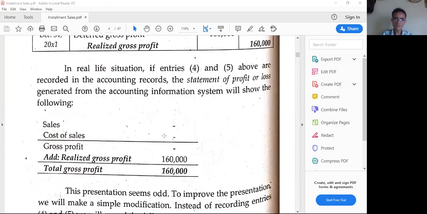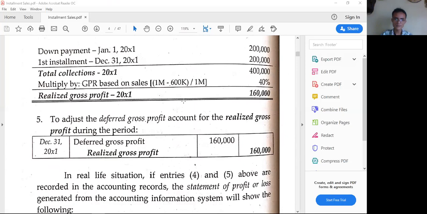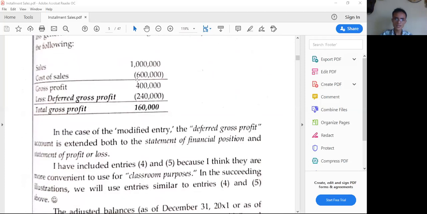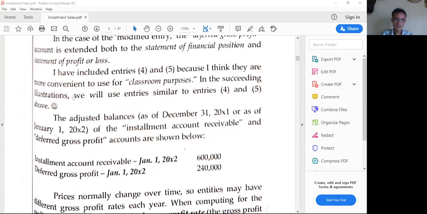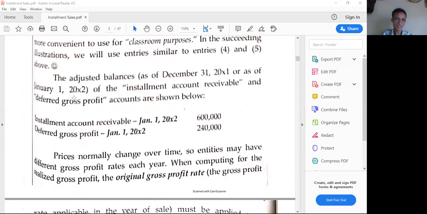I call this normally method 1, in which realized gross profit is simply collections times gross profit rate. And this one is called method 2, in which the realized gross profit is the difference between the deferred gross profit beginning and the deferred gross profit ending. Okay, so I hope that is clear.